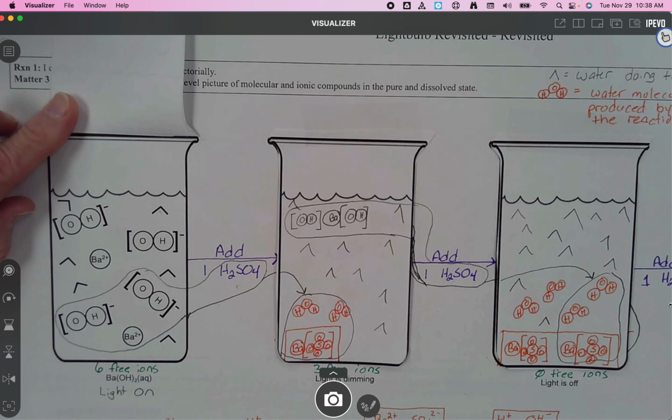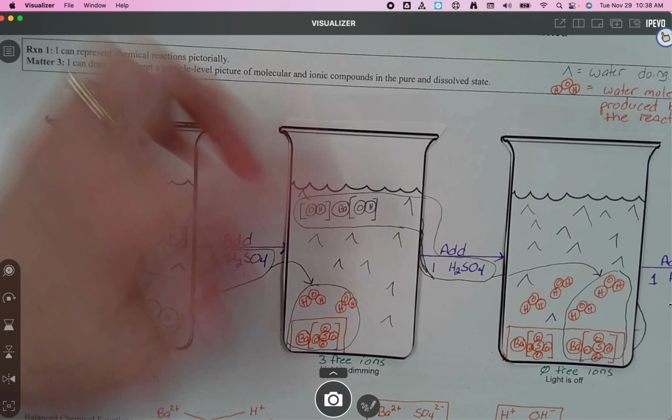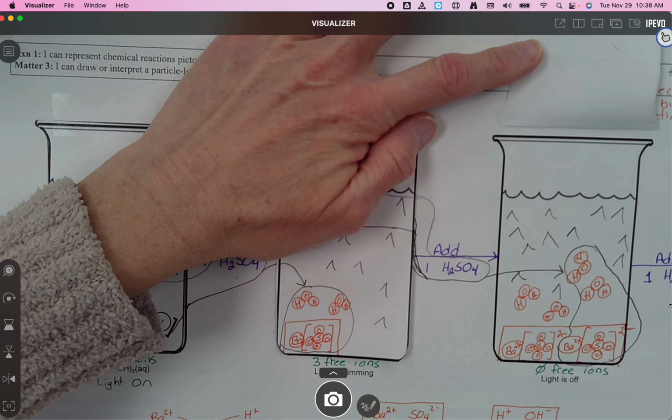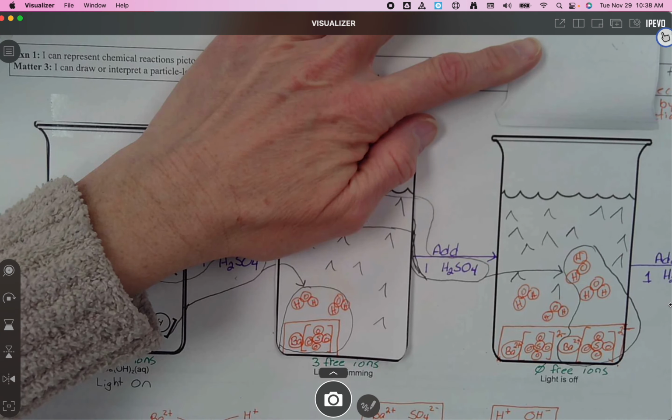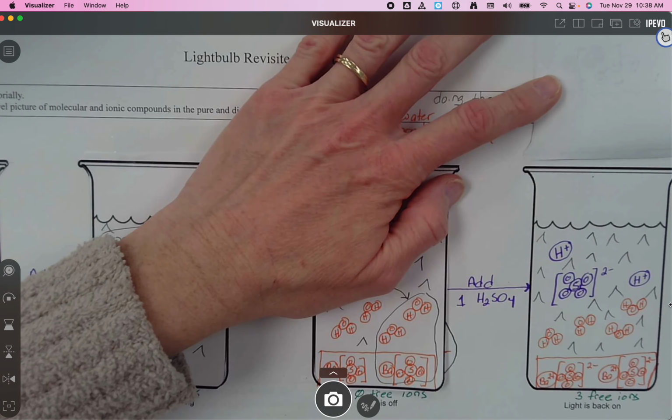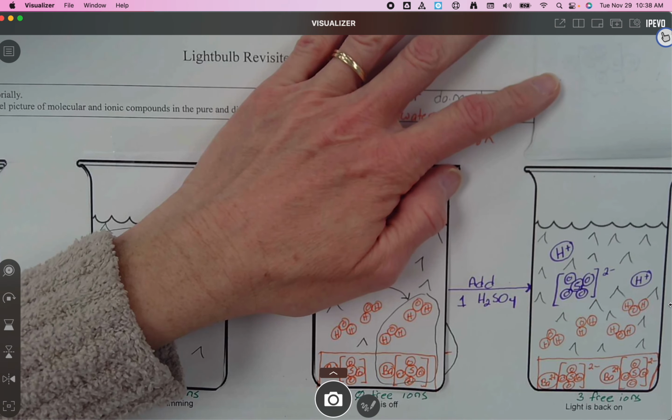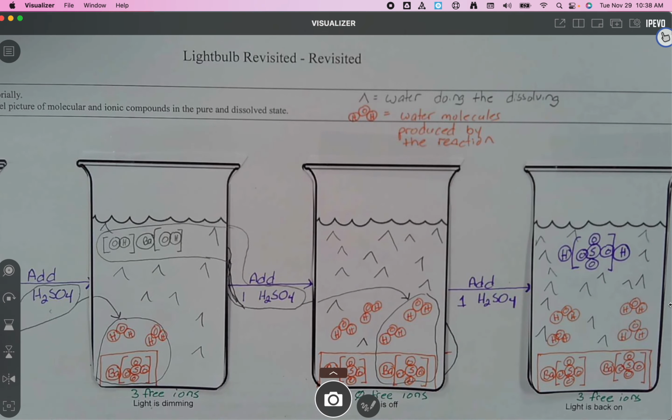That's going to be a bright light. 3 free ions. That's going to make it more dim. Oh, look, I haven't got any ions left at all that can travel around, so the light is off. And here, I've got 3 free ions, so the light is coming back on again.